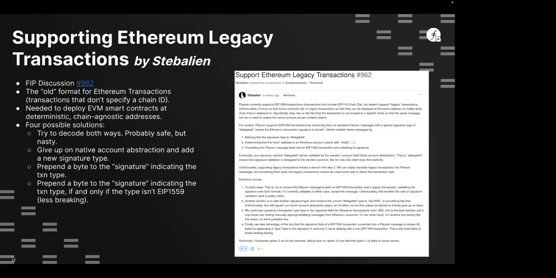You have the top layer, which tells you it's a delegated signature. Then you have the second layer, where you have to look at the sending address to figure out that it is a delegated Ethereum transaction signature. Then you have the third layer, where we have to actually look at the signature to figure out which type of Ethereum transaction. The problem here is we keep on stacking these additional type layers.